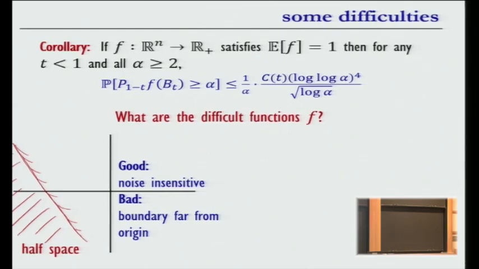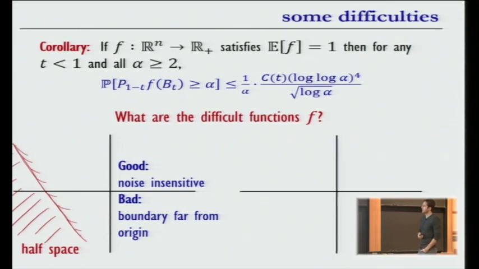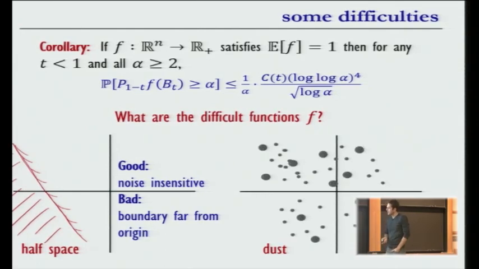This is a fact you mentioned before, but for the half space, without these things up here, this is exactly 1 over square root log is what you get. It turns out that another difficult case, which was the bane of the proof for a while, is this: in a discrete case, suppose you take f to be the indicator of an error correcting code, and then you apply some noise to it.